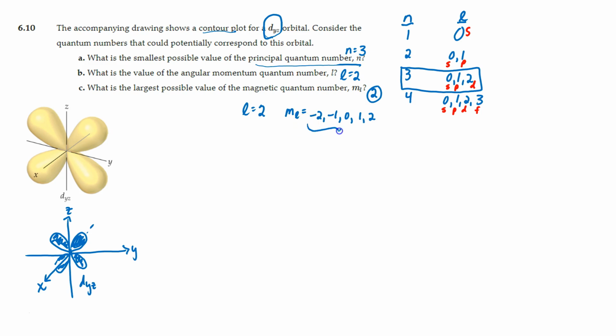Remember, the values of m sub l tell you about the three-dimensional orientation in space. So there are how many? 1, 2, 3, 4, 5. 5 possible orientations in space, or in other words, 5 possible d orbitals.